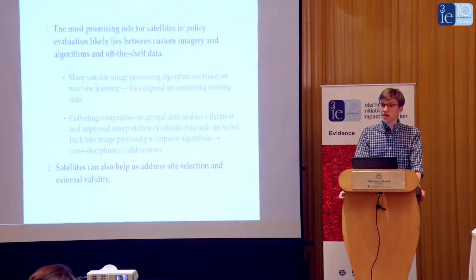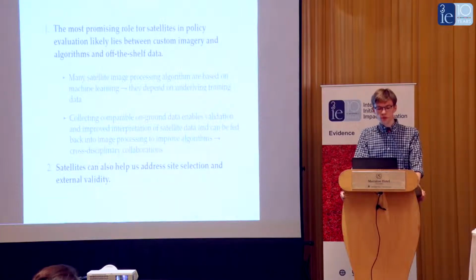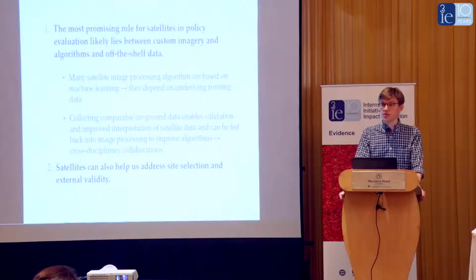And so I think that there is a really exciting opportunity for the evaluation community and researchers in social sciences to look to the remote sensing community for guidance on how to collect the right on-ground data that can help to not only validate the satellite measures that we use, but also to feed back into the processing algorithms themselves to make them better and better suited to domains where existing on-ground data may be less high quality.